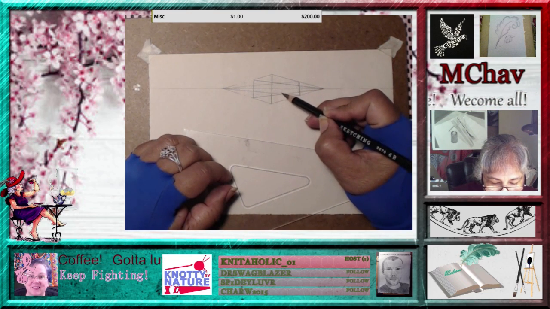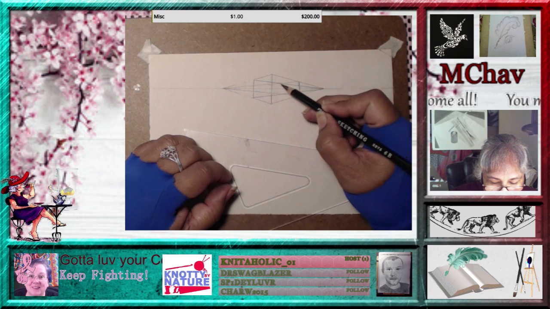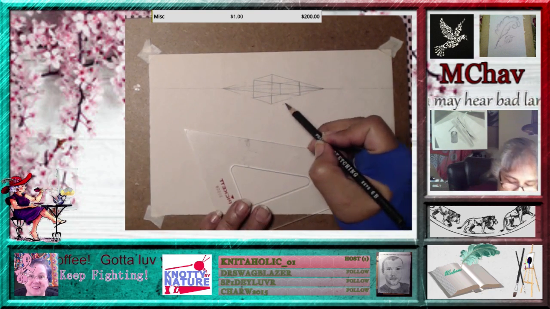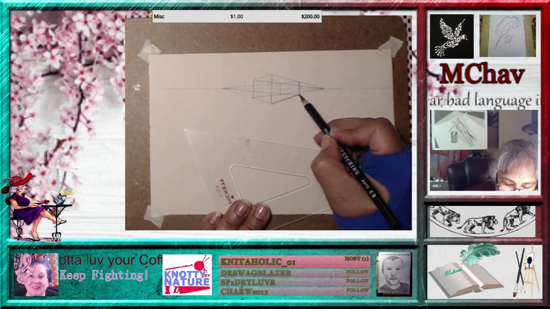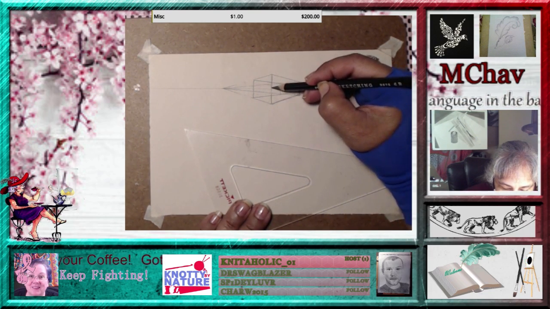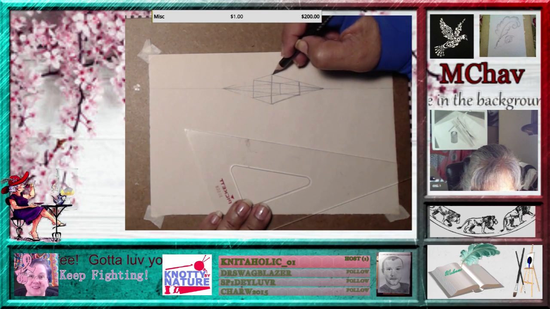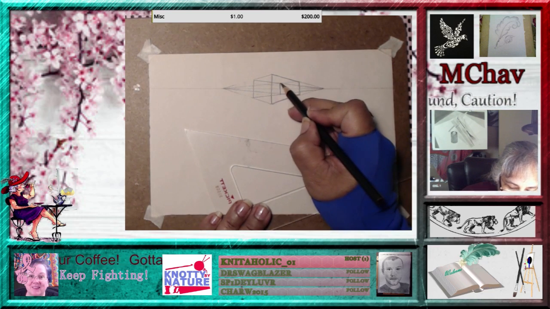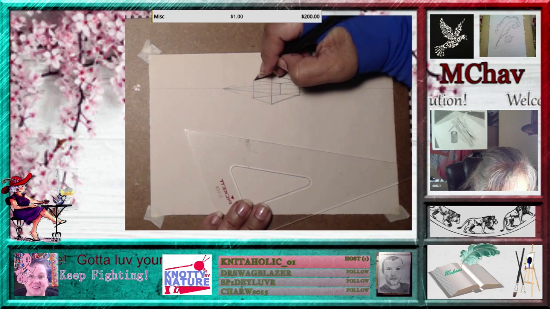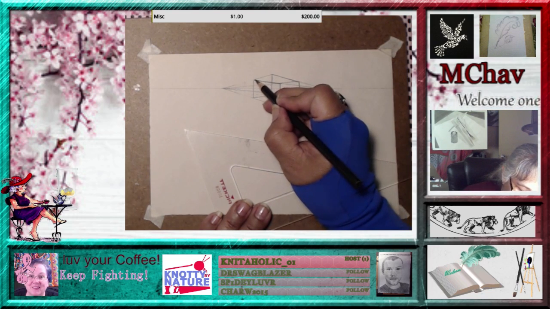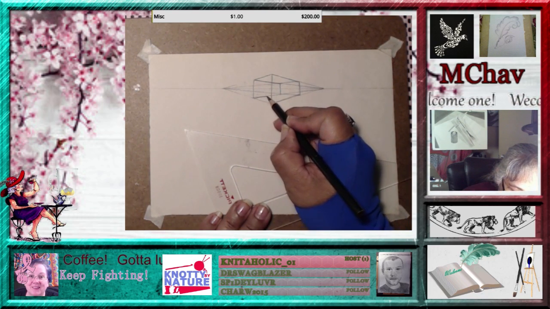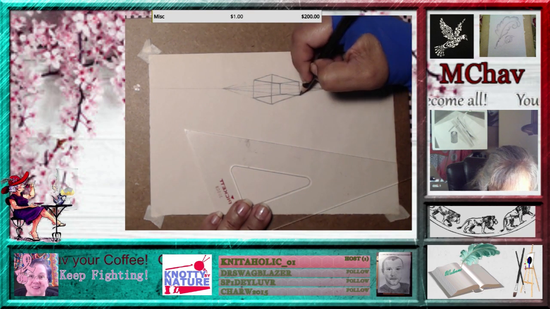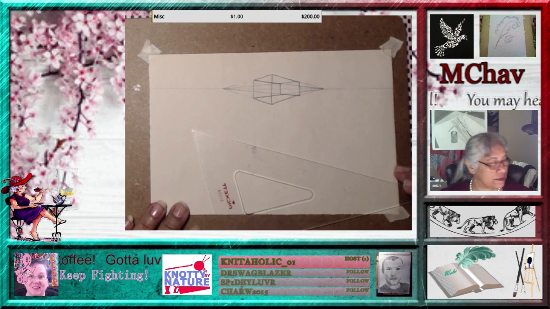Then right here where they cross each other, right here where it makes the X, you just bring that down. And then we're going to darken these lines. Make that one darker. Make this one darker. Darken that one. That one. Now you see the whole box.